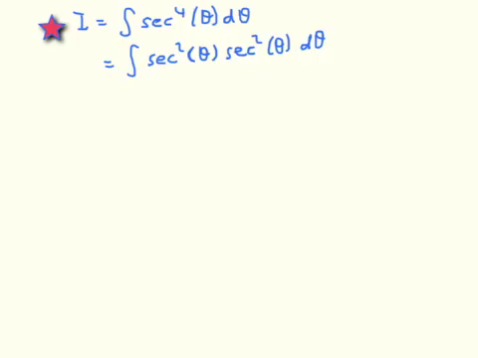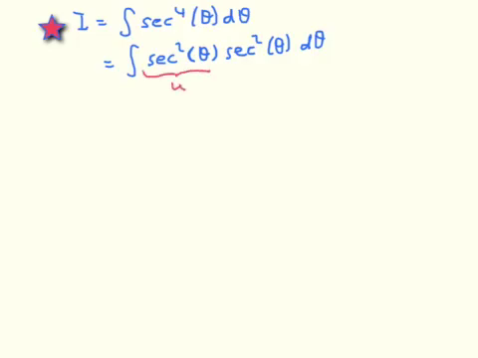And we're going to use integration by parts, so we're going to integrate one of these two identical factors and the other factor we are going to differentiate. So it doesn't matter which one is which because they're absolutely identical.